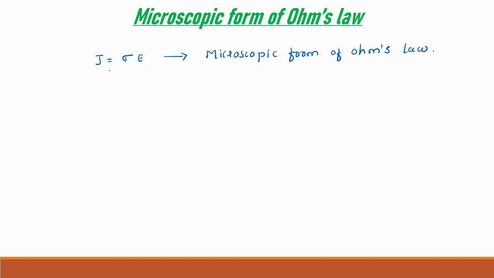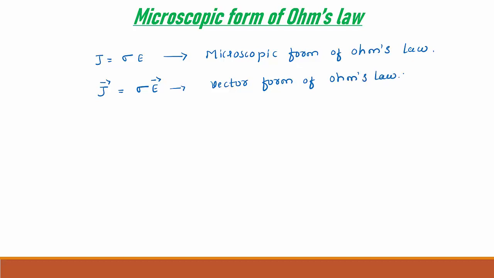The vector form of equation 5 is vector J equals sigma into vector E. This is the microscopic form of Ohm's law, the vector form of Ohm's law.